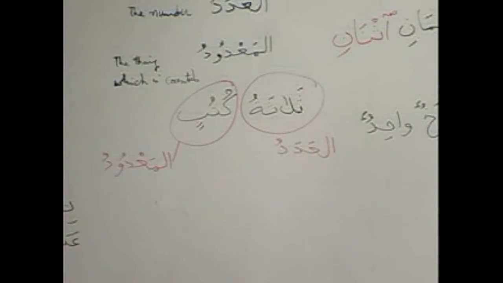Adad wa ma'dud. Al-adadu wal-ma'dud. Adad is the number, and ma'dud is the thing which is being counted. Fine? You got the idea? If you can write down this, it will be nice. Inshallah. And give them a circle so that you understand adad and ma'dud. Okay?